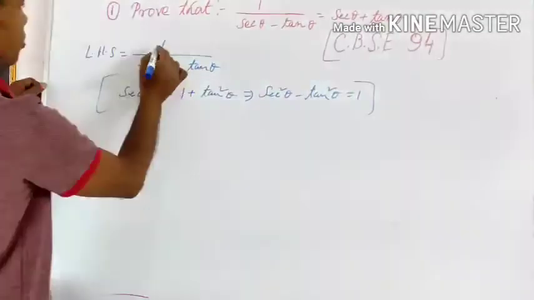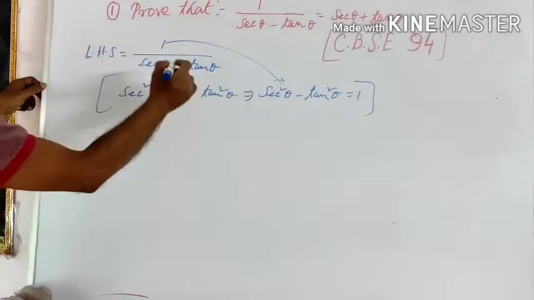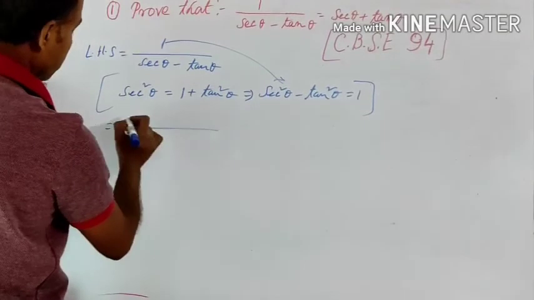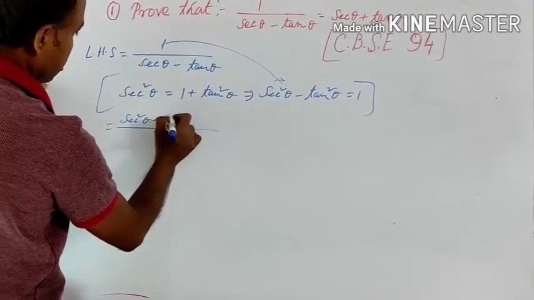So now we replace this 1 by sec square theta minus tan square theta.